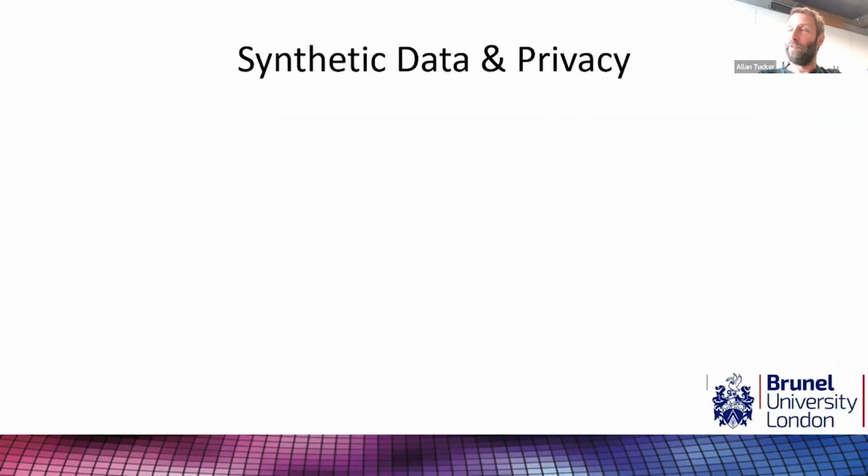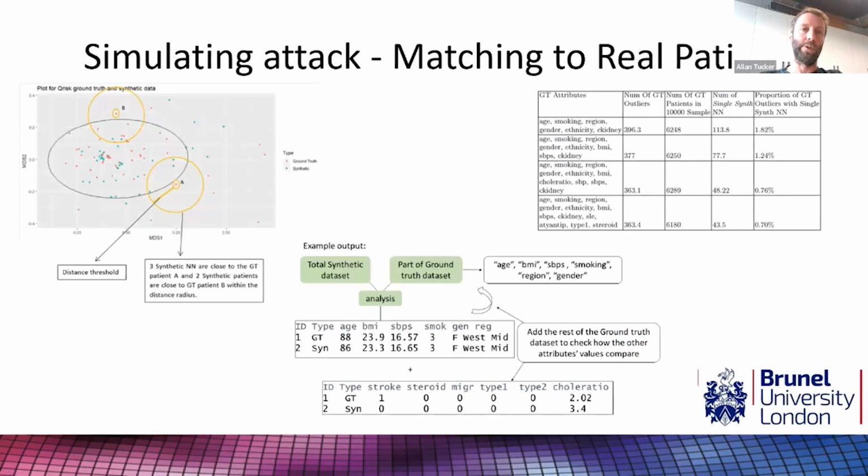Obviously, though, before we started to release this stuff, we wanted to explore whether releasing synthetic data was still a risk in terms of releasing potentially private information, or at least information that you could infer about individuals or groups of individuals. So one of the things we started playing around with was simulating attacks. We assumed, for example, that an attacker knows something about an individual.